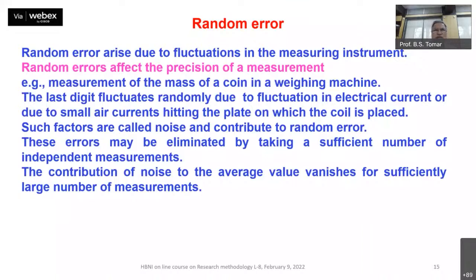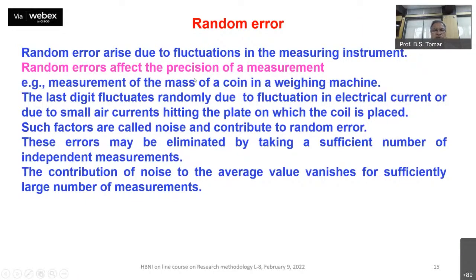And every instrument has its least count, like a balance has some least count. So you introduce errors in measuring the data. These fluctuations in the instrument, or your signal to noise, so noise is like a random error. So how do you take care of that?